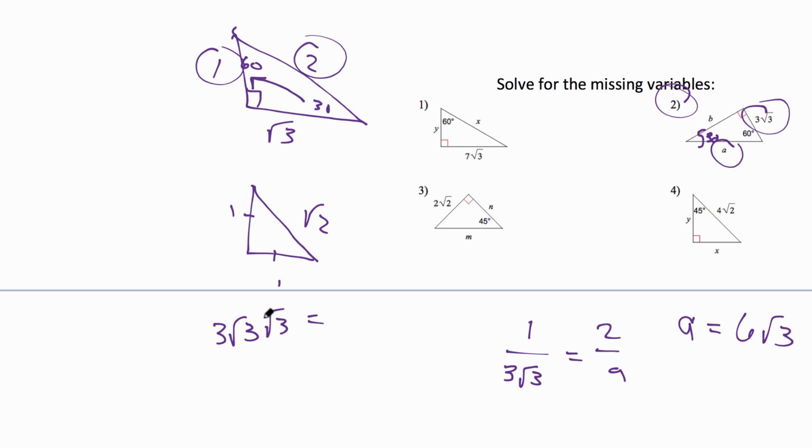Radical 3 times radical 3 is radical 9, which is 3. 3 times 3 is 9. Let me do it the other way. Start over here, 1 is to 3 radical 3 as, and now we're solving for this one, radical 3 is to b. And you cross multiply, you get the same equation. You're going to get 9.